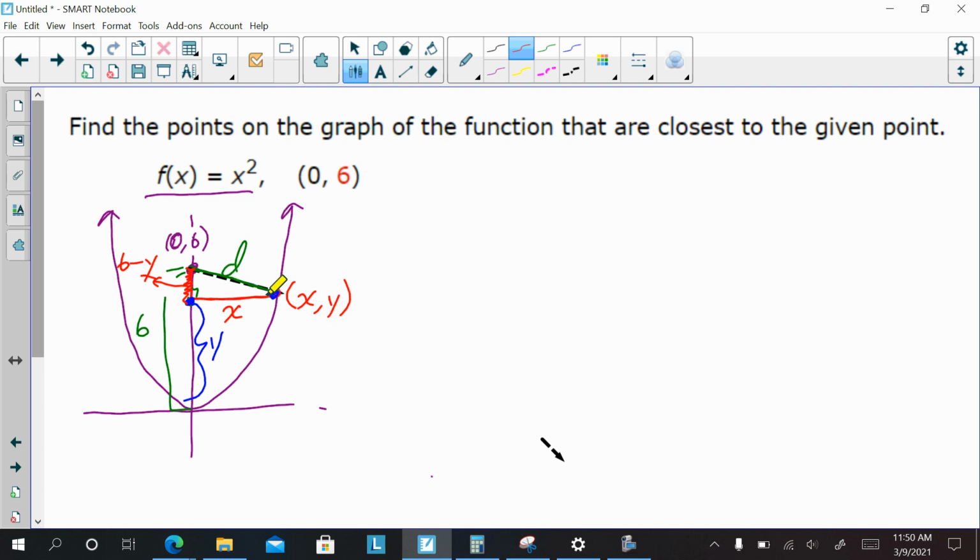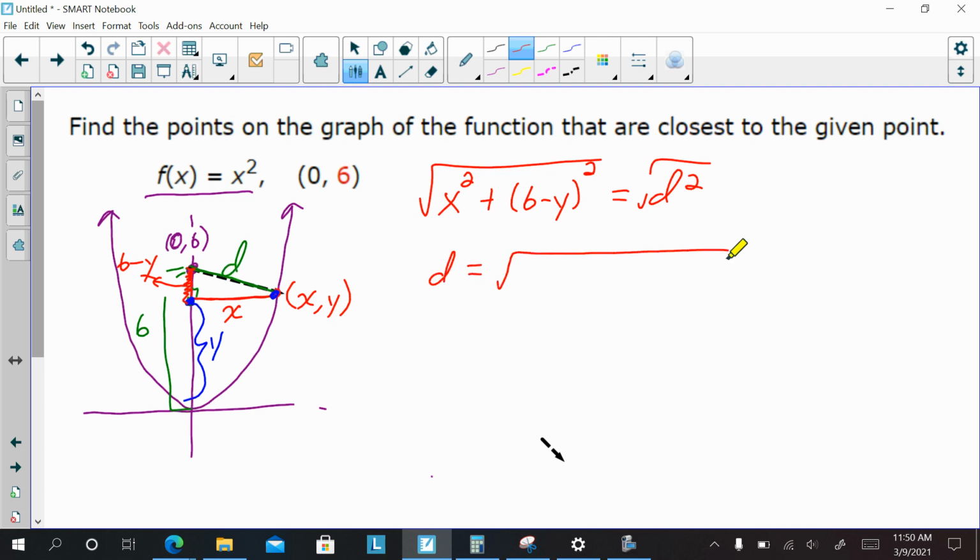So we can use the Pythagorean theorem to write an equation based on this triangle. So x squared plus the other side squared equals the hypotenuse squared. Or if we take the square root of both sides, then we get d is plus or minus the square root of x squared plus (6 minus y) squared.